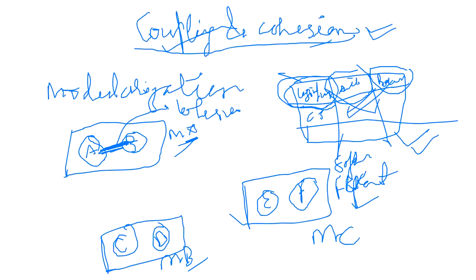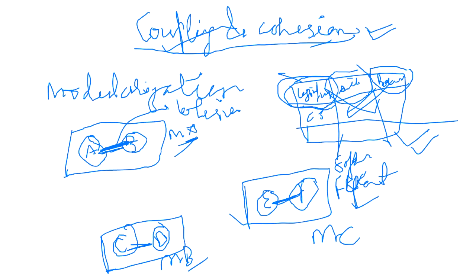Just like the English meaning, there is cohesivity between them. They are close to each other, they are cohesive in nature. So this is intra-module communication.